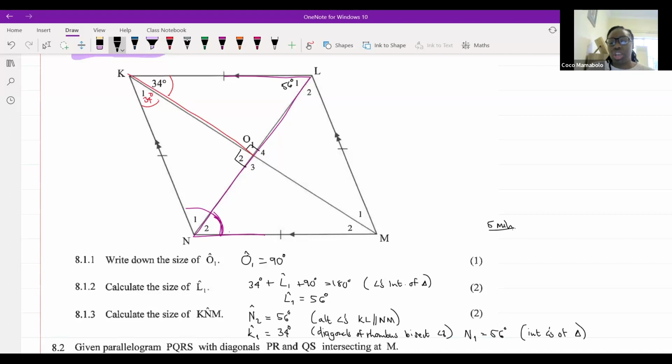Then I just need to add N1 plus N2, which is 56 plus 56, equal to 112 degrees. There we go. You can say KNM is equal to 112 degrees.